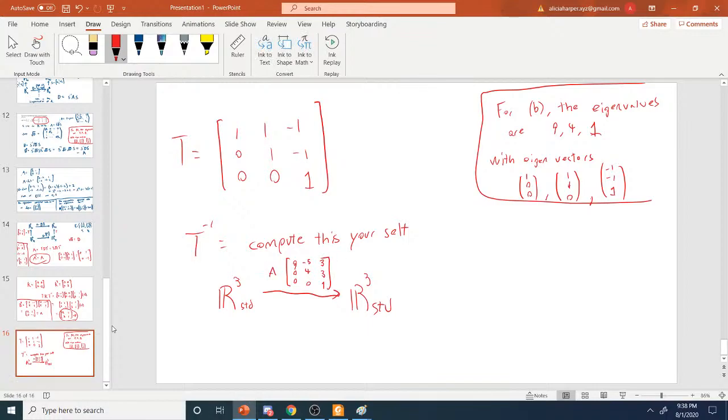And now we have found the eigenvectors associated with the eigenvalues. So I'm going to put those down here. This is V1, this is V2, this is V3.